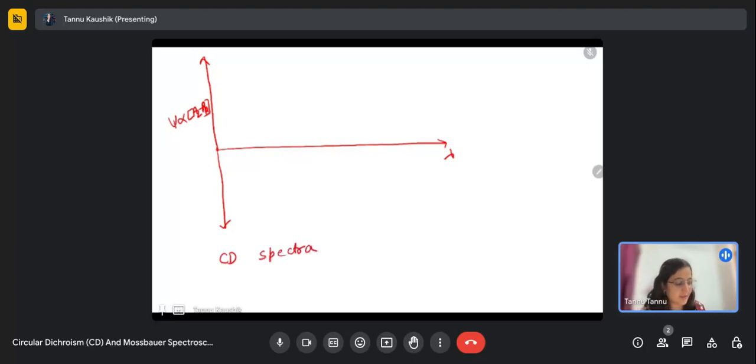So in CD spectra, we will get peaks only in the region.